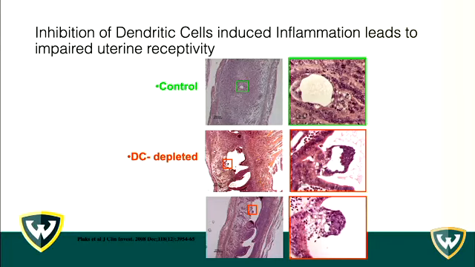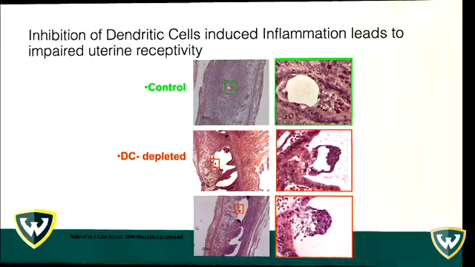If the dendritic cells are depleted, the blastocyst is not able to attach, as you see in this picture. It struggles with the epithelium, and at the end it will fail and the pregnancy will not happen. Again, an example that an immune cell is triggering an immunological environment characterized by inflammation that is critical for adapting the cells in the uterus to receive the fetus.